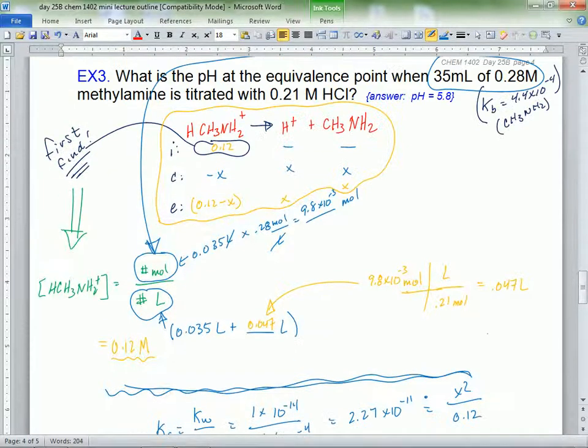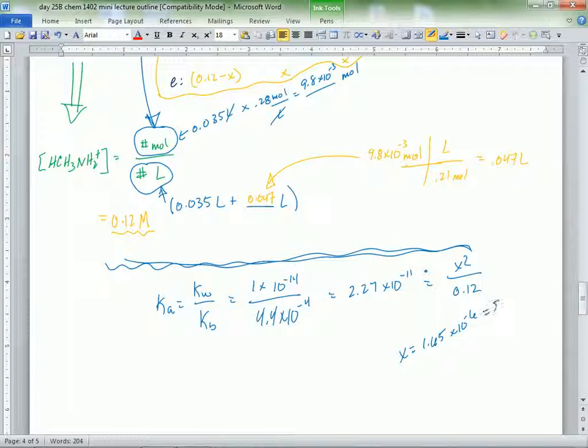And remember, x is your hydrogen ion concentration. So pH is, what'd you get, 5.8? 5.78? So Daisy, did you get 5.8 too? Yeah. Excellent.